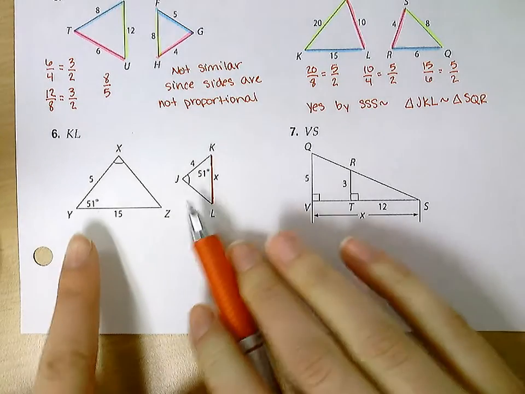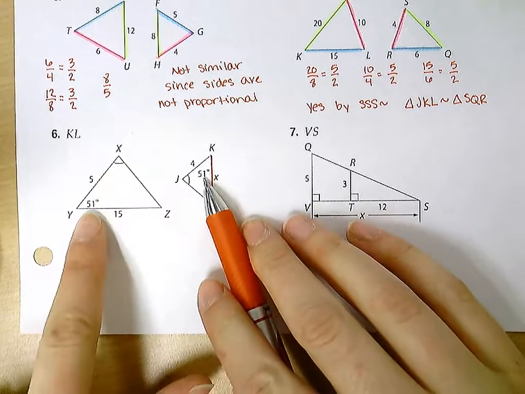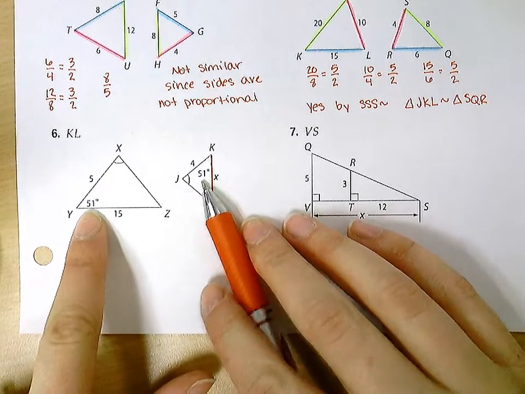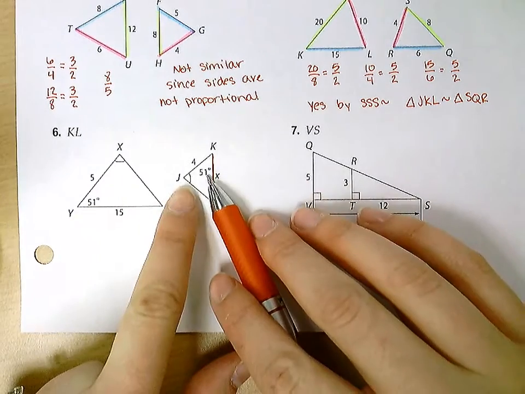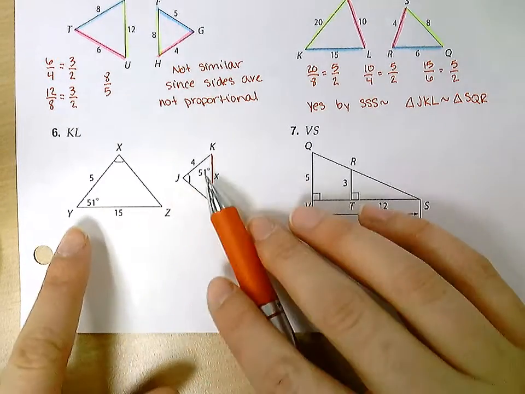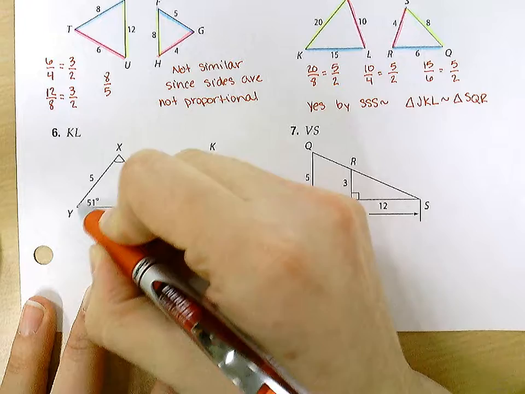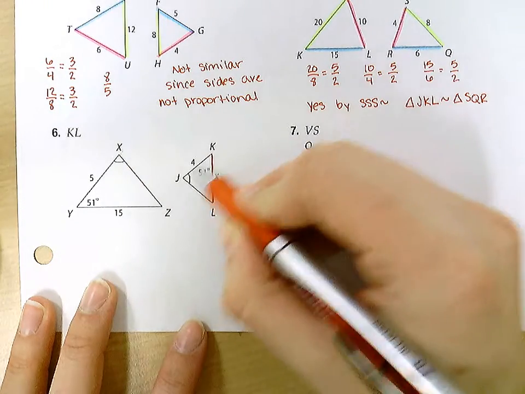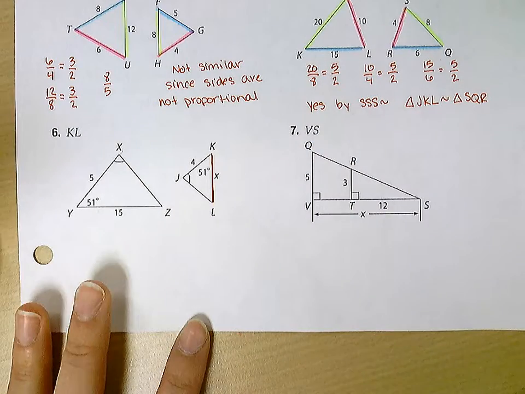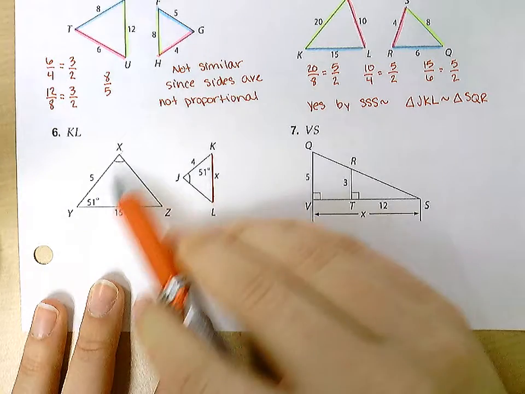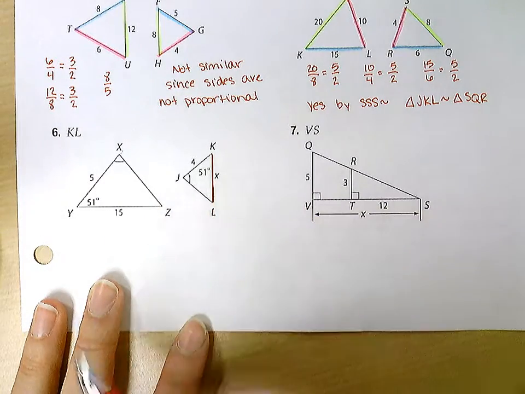Okay, now these two triangles would be similar by angle-angle similarity because they have two pairs of congruent angles. Now that helps you so you know which side compares to the other side. So I know XY and JK are my corresponding sides because they're between my two congruent angles.